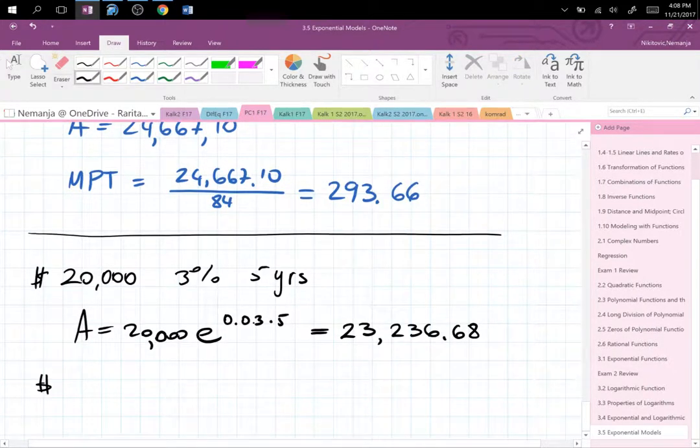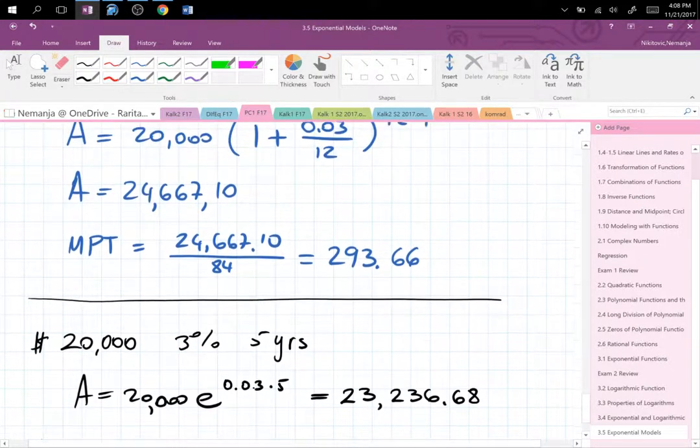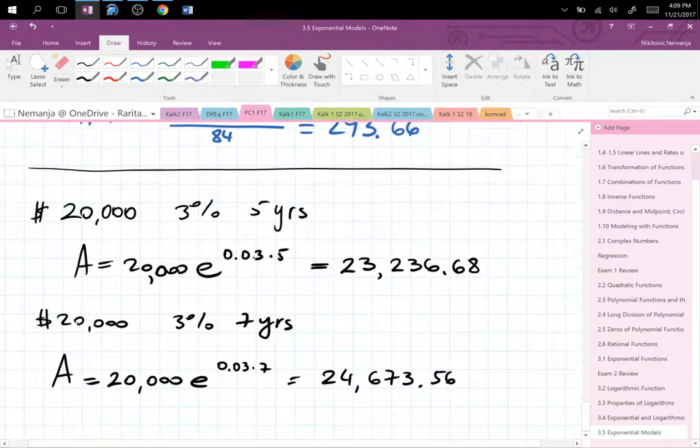If you go with 20,000 at 3% for 7 years, you will have approximately same number as before. So going from 24,667 to 24,673. So yeah, within $10, right?